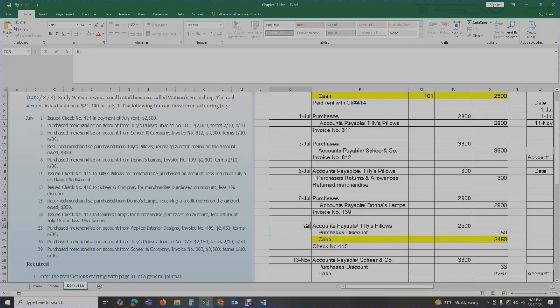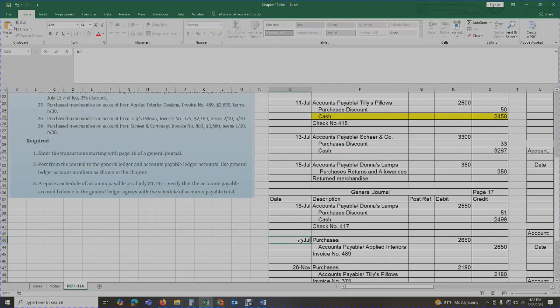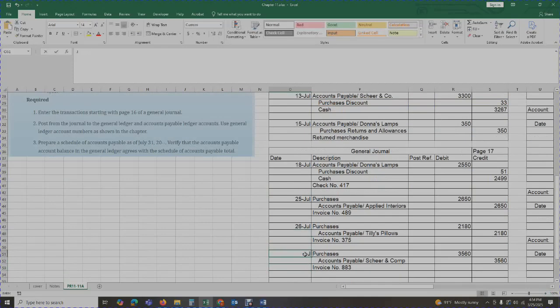So this is July the 11th, July the 13th, July the 15th, July the 18th, July the 25th, July the 26th, and then July the 29th. Okay, so we fixed the dates. That didn't make sense to me.